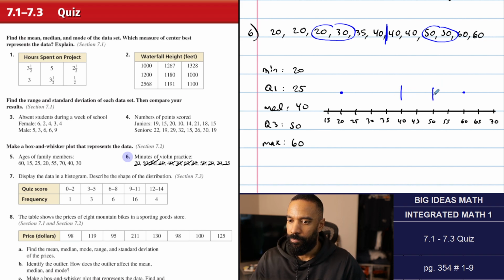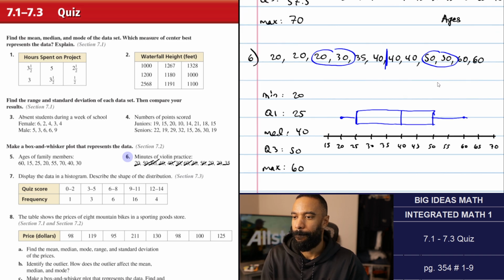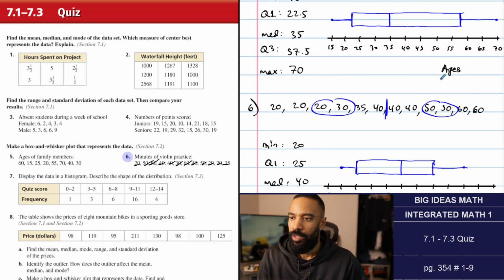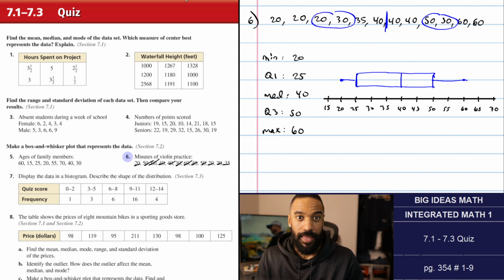Q3. Q1. And we'll do our box and whisker plot there. Okay, unless they ask me to interpret it, I'm just going to go ahead and leave it at that for now.